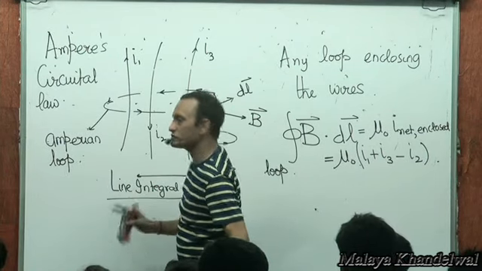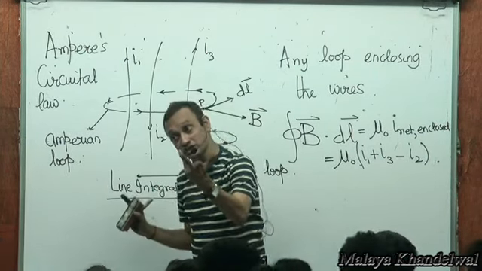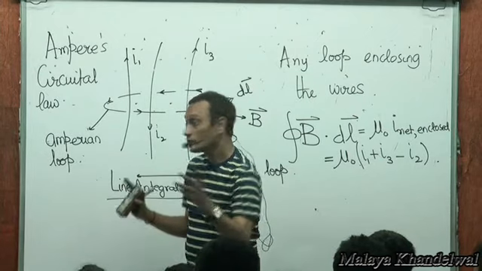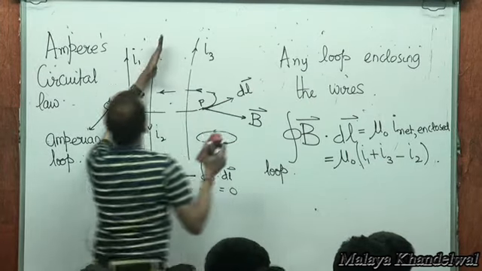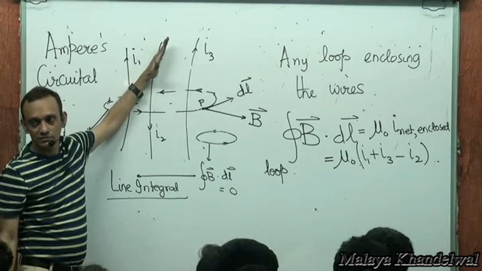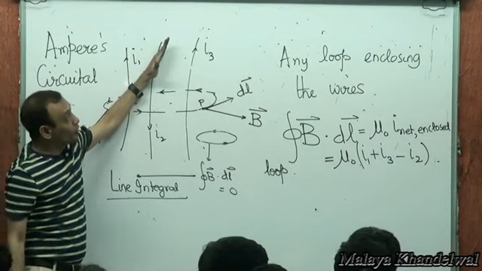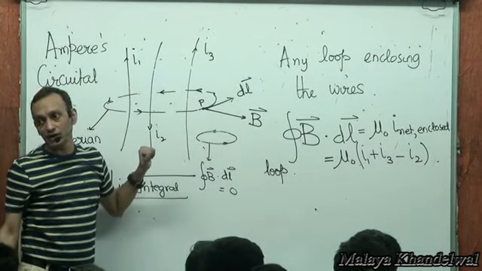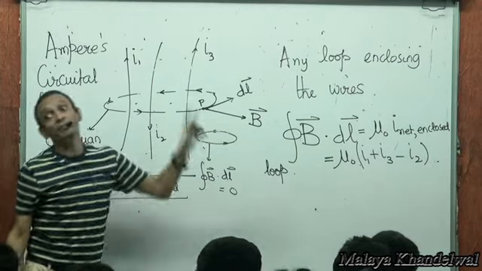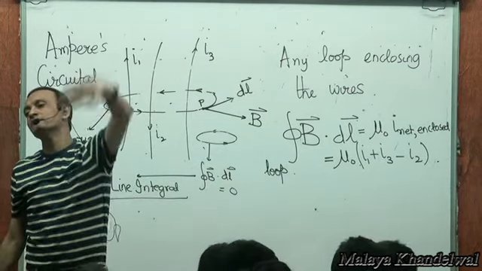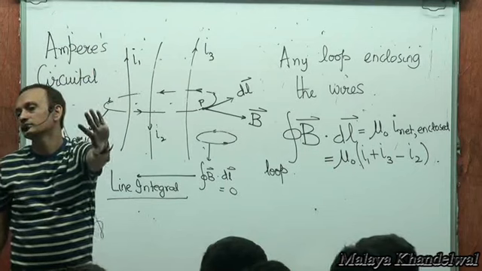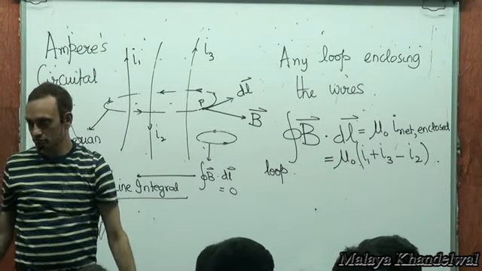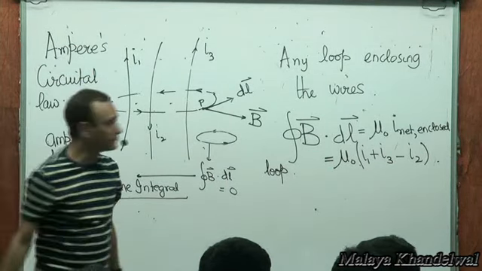It will not make any difference. Integral B dot dl, B will change at different points, true. If you change the orientation of this, say you make it like this, right? True, B at every point of this loop will change commensurately, but integral B dot dl will remain mu naught times I enclosed. That it will not make any difference. That's Ampere's circuital law, right?